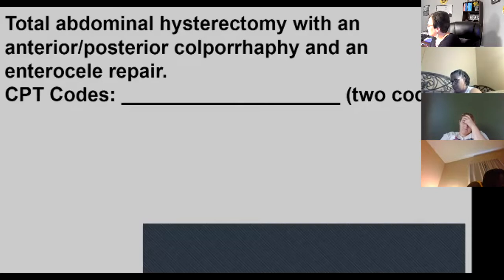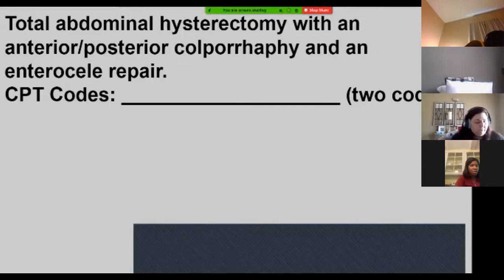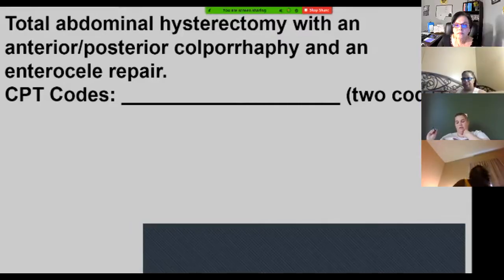Combined anterior posterior, including. Okay, somebody's got their television going. If you have your TV going, please mute yourself. So when you're doing codes, you're going to code the hysterectomy, and then the second part would be the colporrhaphy.